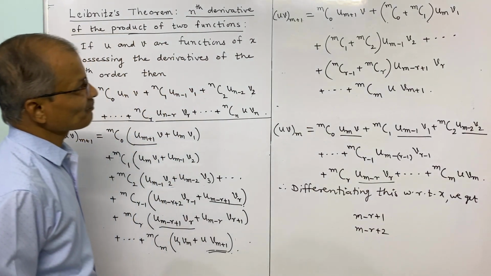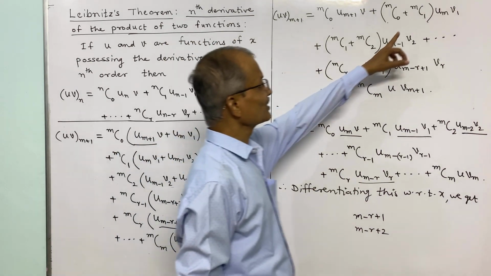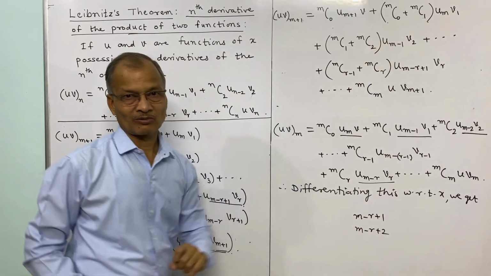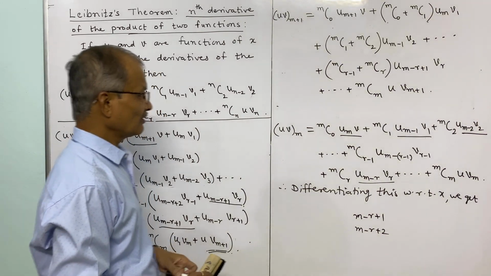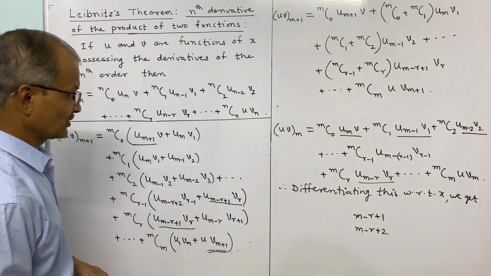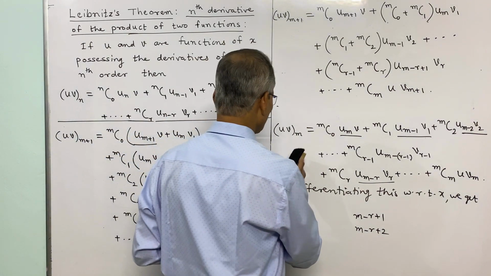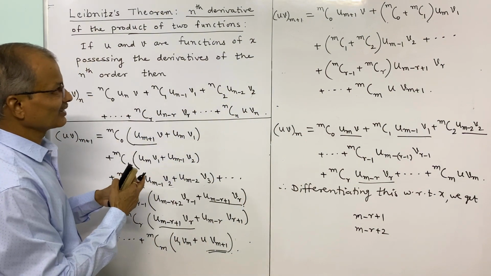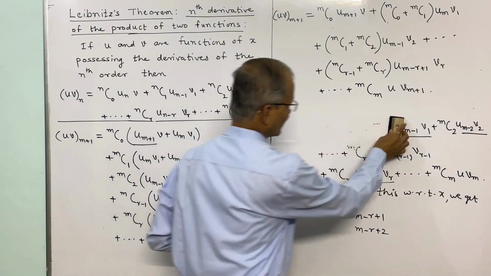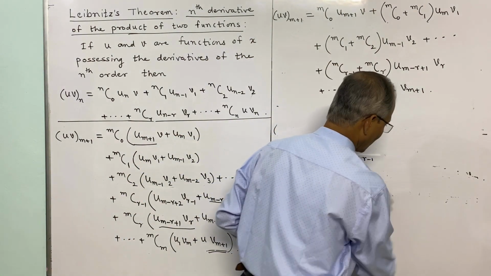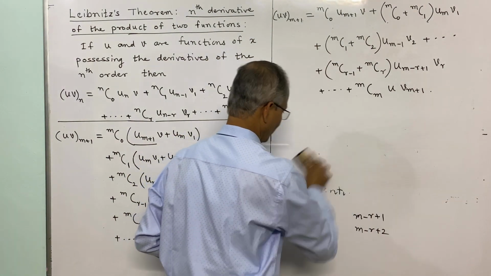Now we shall simplify these brackets using the results on binomial coefficients, and then we rewrite this. So now these two results are the same, so I shall rub out this and continue writing here.